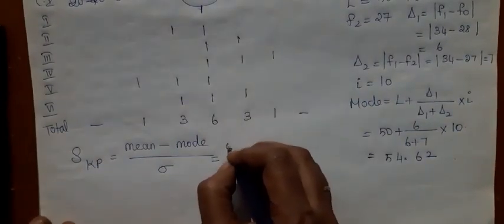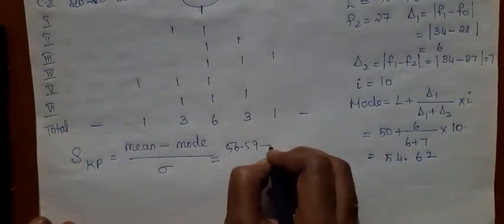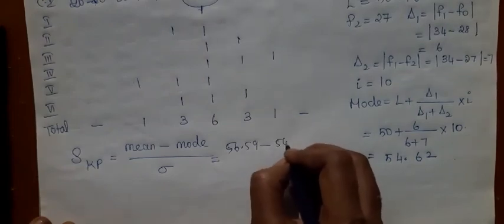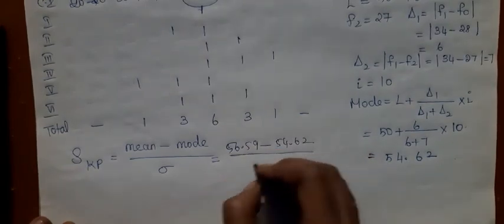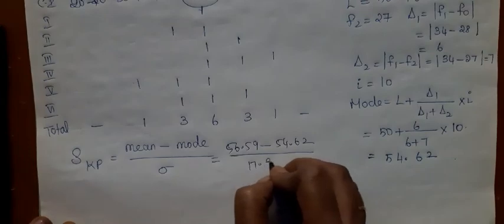Mean is 56.59, mode is 54.62, standard deviation is 17.9. Okay, 56.59 minus 54.62 divided by 17.9.